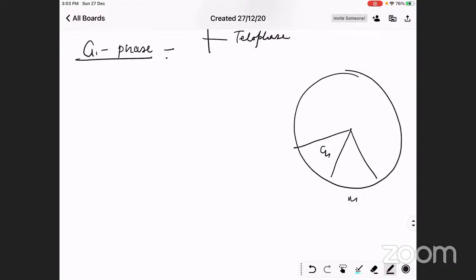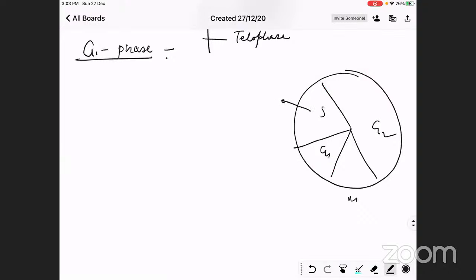This is the M phase and this is the G1 phase. This is the S phase and G2 phase. So the G1 phase corresponds to the interval between mitosis and initiation of DNA replication.